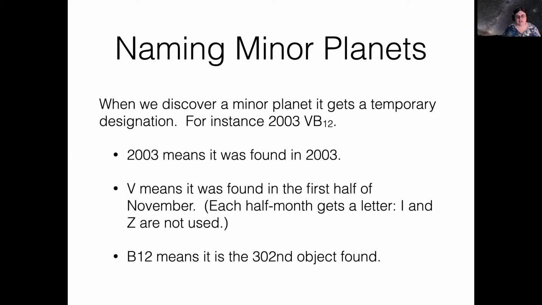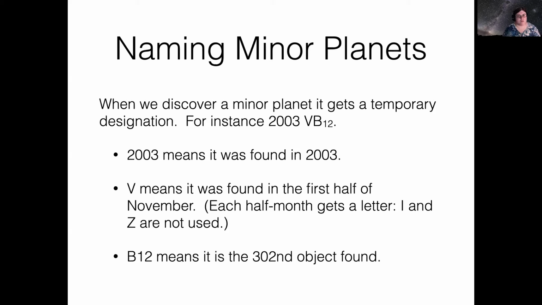So you get VA, VB, it's the next one, not VB12, just VB, VC, etc. And 25 letters are used. I believe I is also skipped because I is an ambiguous letter.